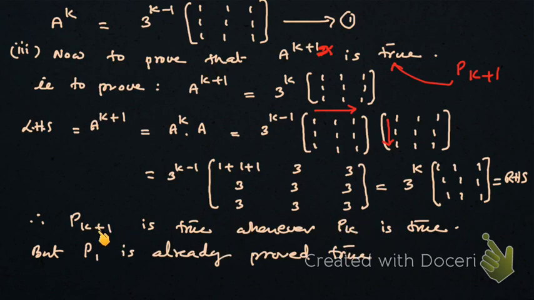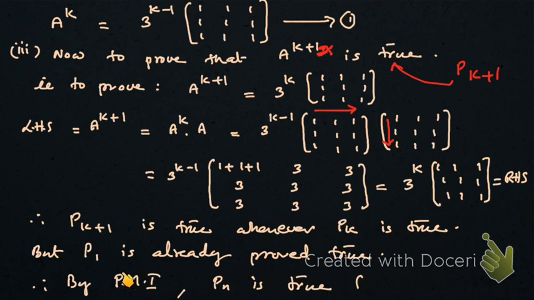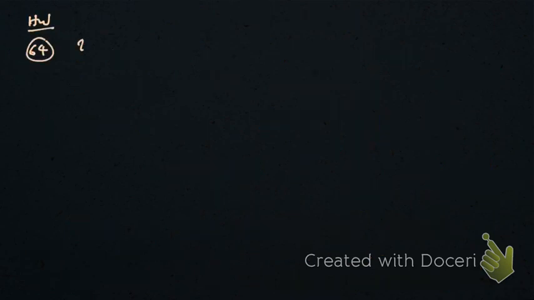If P4 is true, it has to be true for 5, and so on. It never ends, which means the result is true for every positive integer, and that is called the principle of mathematical induction. So by the principle of mathematical induction, the result is true for every positive integer, or n belongs to Z plus.